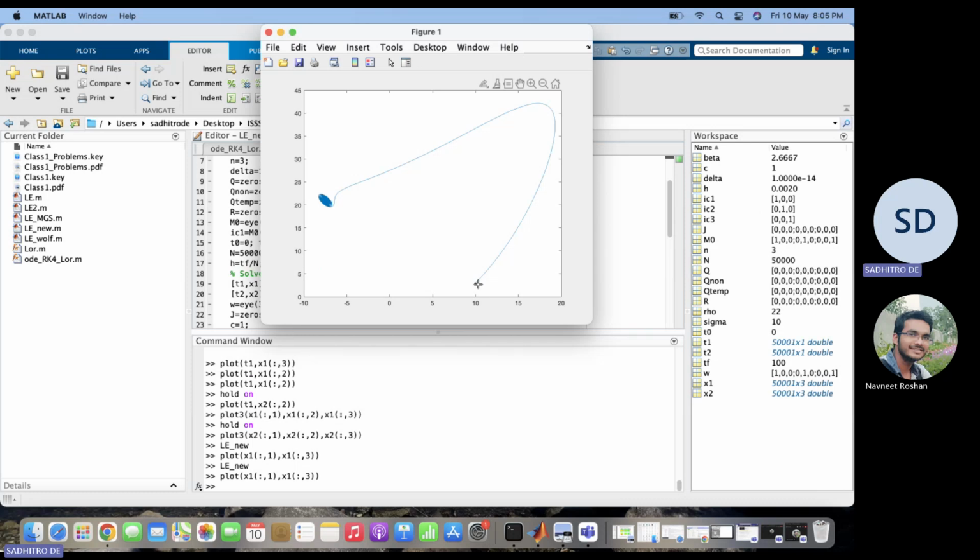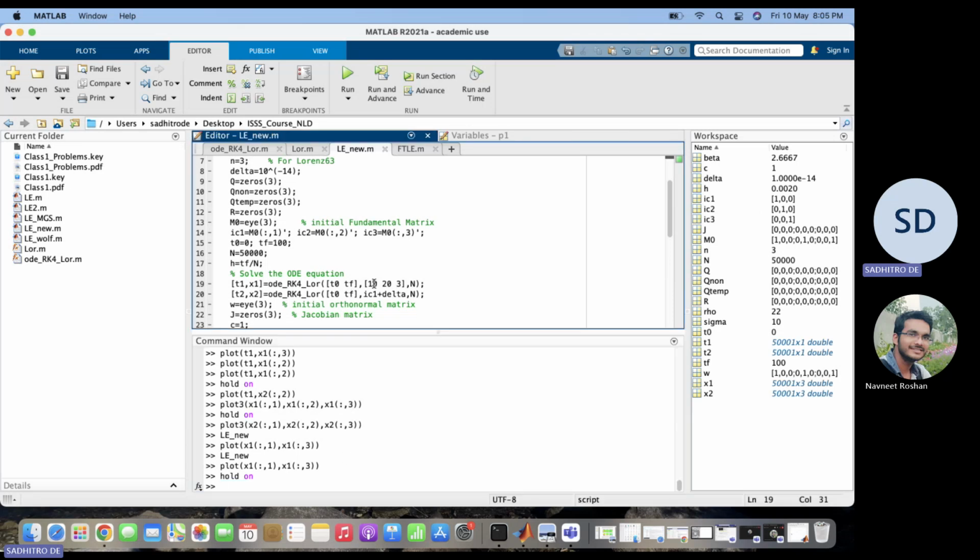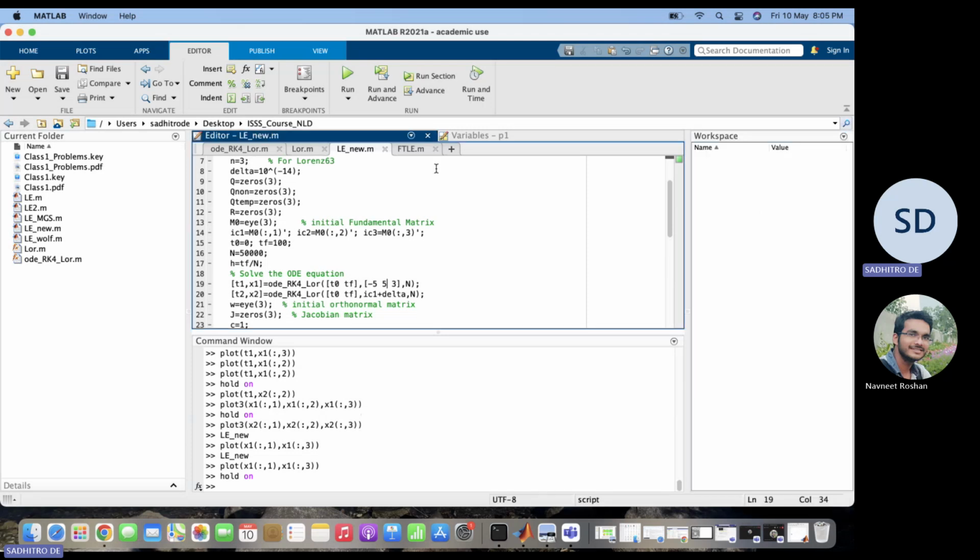You see, it starts from a different initial point, but then again, it converges over here. All right. So now does the system have sensitive dependence on initial conditions? Now I can change this initial condition to say -5, 5, and 3. Let us see what happens now.